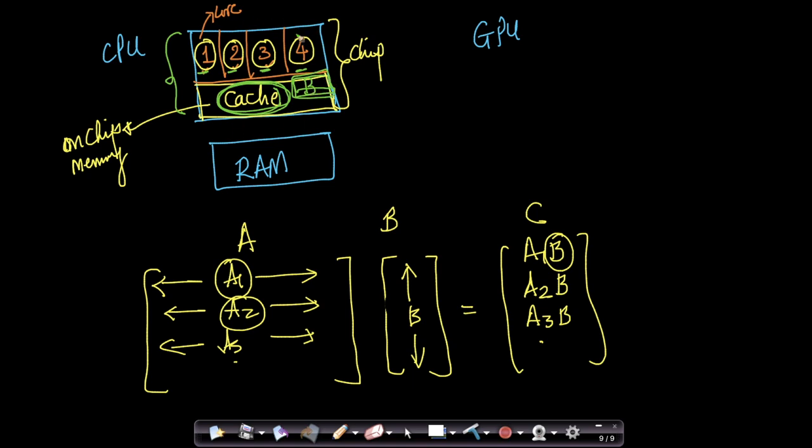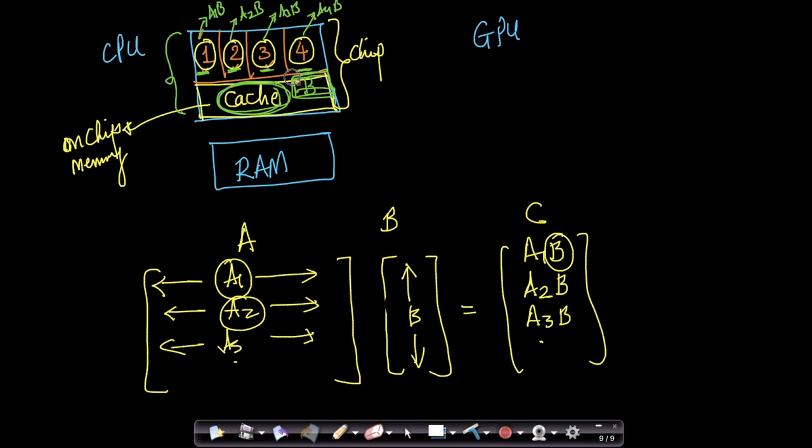This is your simple CPU. A simple CPU can process 4 parallel tasks, which means if you write your code carefully using multi-threading, on this core you might be running A1 multiplied by B. On this core you could be running A2 multiplied by B. On this core you could be multiplying A3 by B, A4 by B. And once these multiplications are done, you can multiply A5 with B here, A6 with B here, A7 with B, A8 with B. You can do it in parallel.